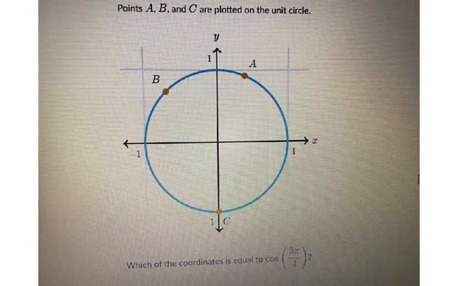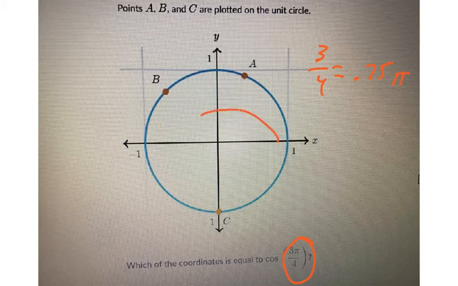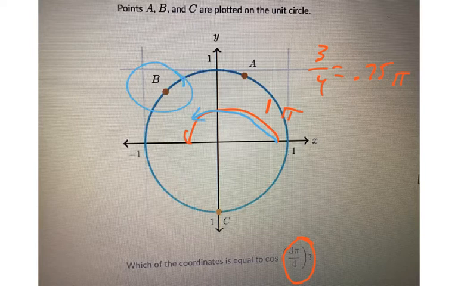Now, let's go to this one right here. They want us to do cosine of 3 pi over 4. Now, guys, if I take 3 divided by 4, that's 0.75 pi. Remember, this is 1 pi. So what would 3/4 pi do? It would go to about right there, and sure enough, that's where B is. So we know we're going to pick B, because that's 3/4 of a pi.